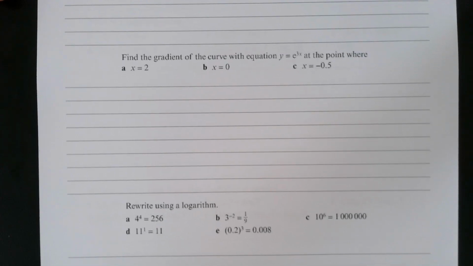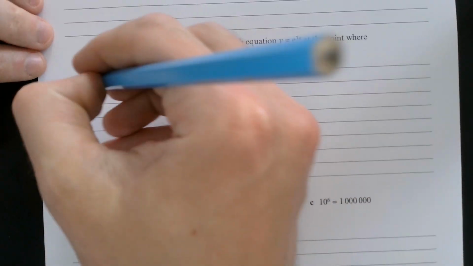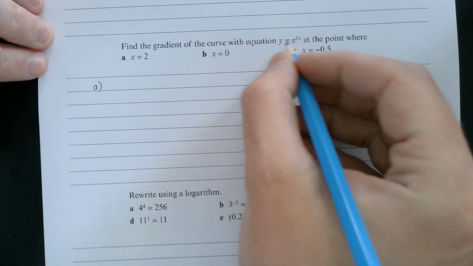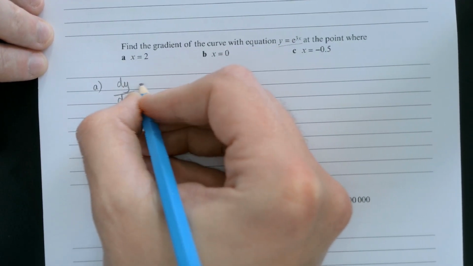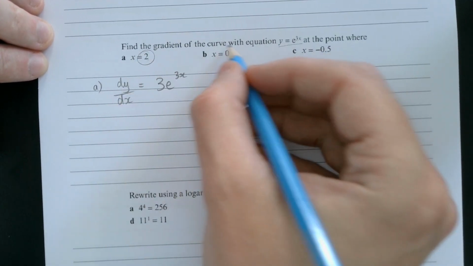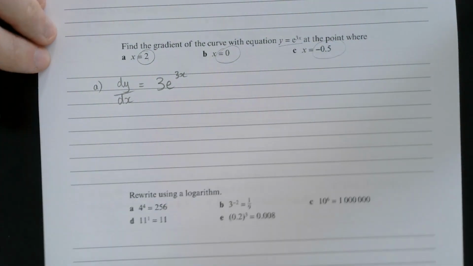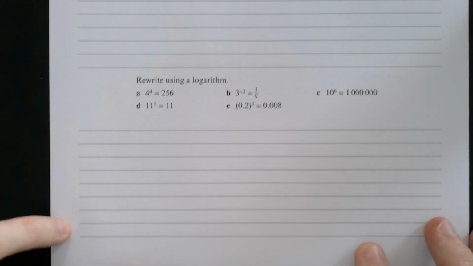Finding the gradient of the curve at the point where x equals 2. I mean, differentiate this, so the gradient function is 3e to the 3x, and then you just substitute in x equals 2, x equals 0, and x equals negative a half. Okay, no more difficult than that.